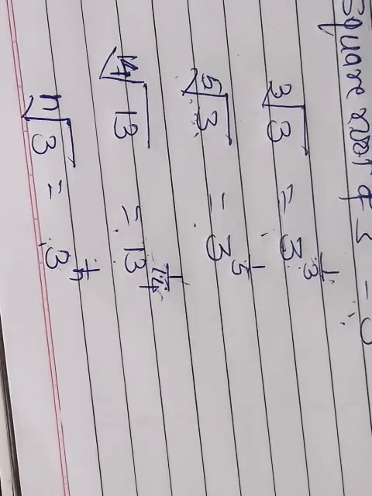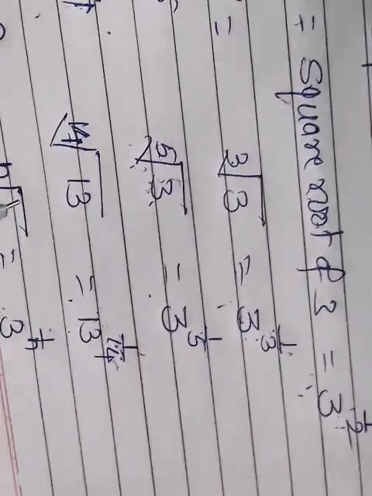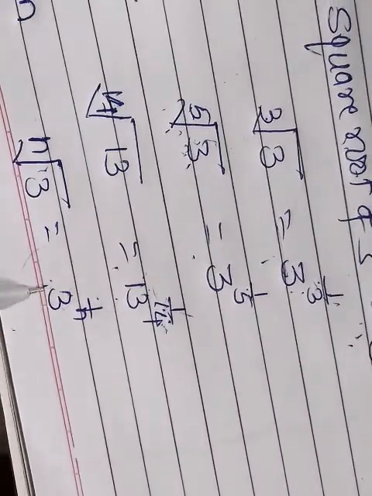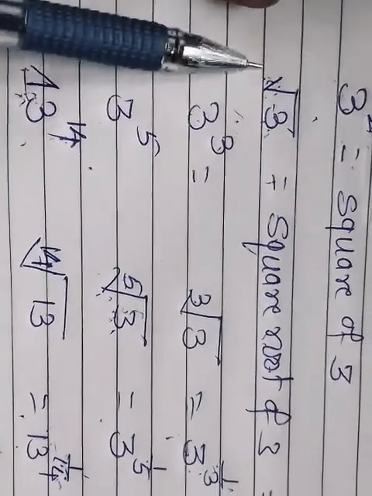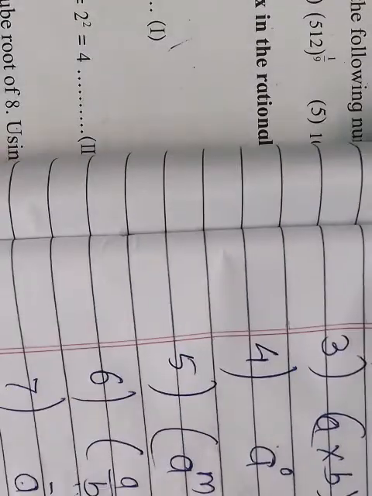So when there is a square root, cube root, fifth root, any root or nth root, you have to write it in index form like 1 upon n. But when there are powers or squares, you write them only this way. Understood?